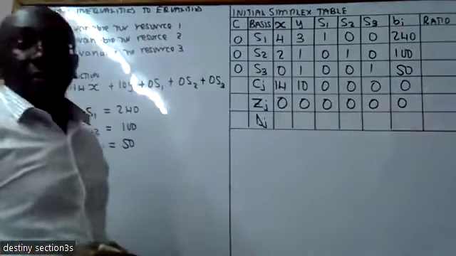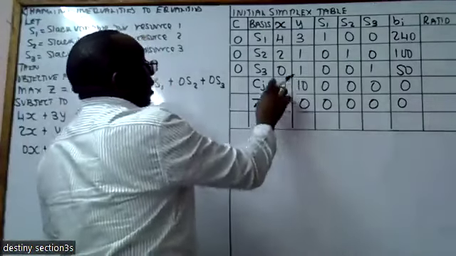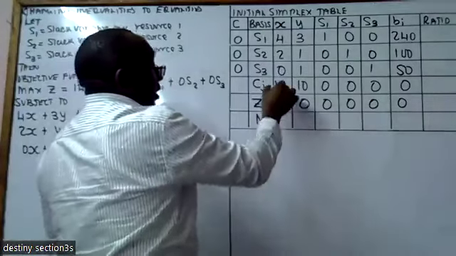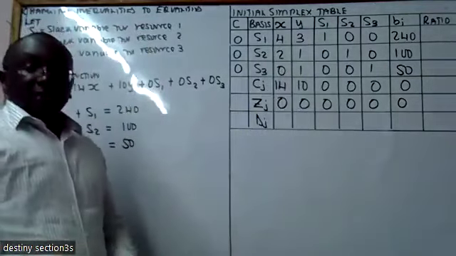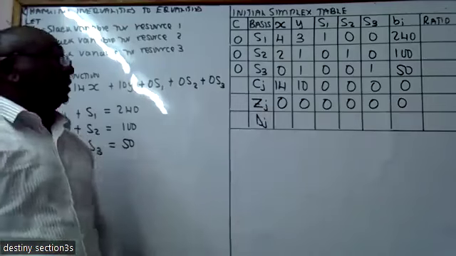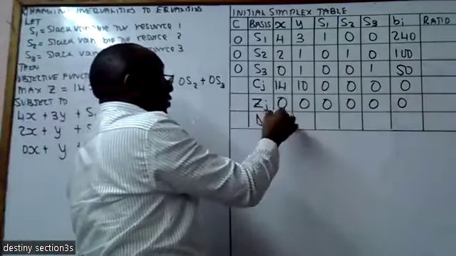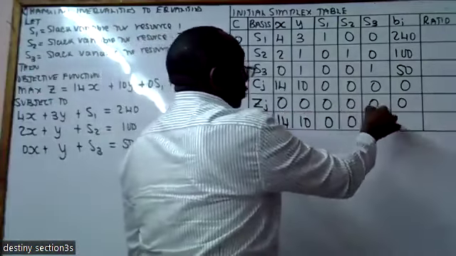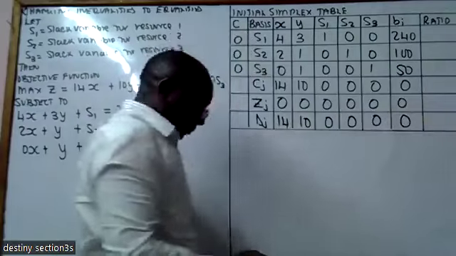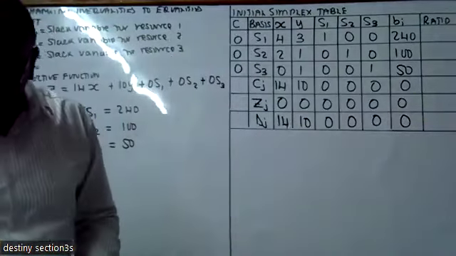When you subtract ZJ from CJ, you get DJ. So 14 minus 0 is 14. This is 10, 0, 0, 0, 0. So remind me now, is that table optimal?